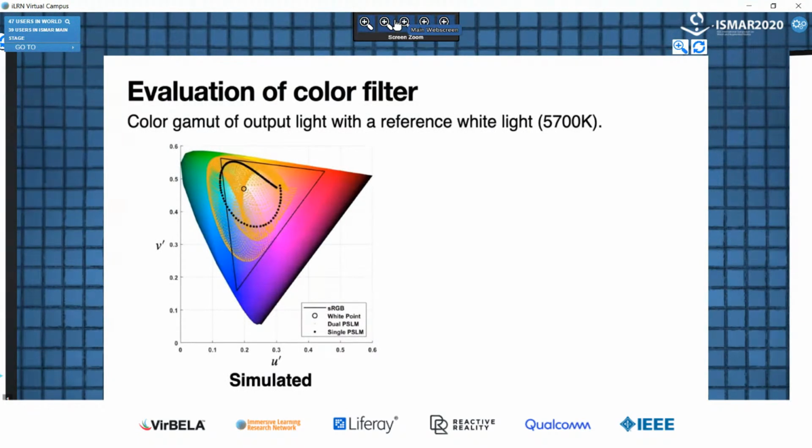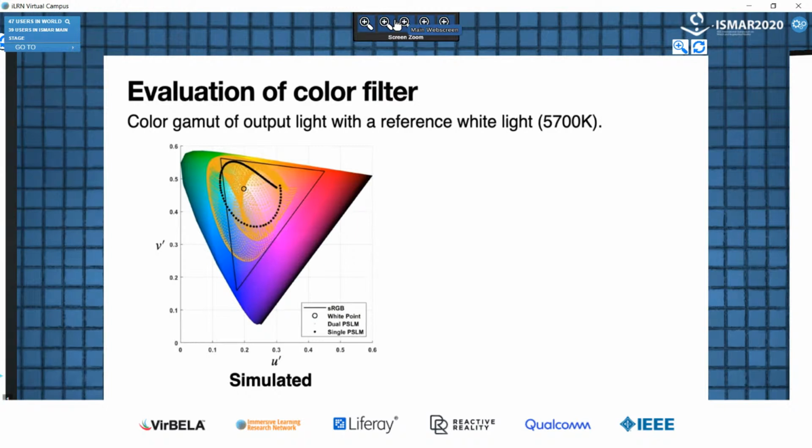We also implemented a simulator of the setup, considering a calculation of PSLMs, a transmittance of each optical component, and the azimuth direction between the PSLMs. This diagram shows the color of output light with a white input light.